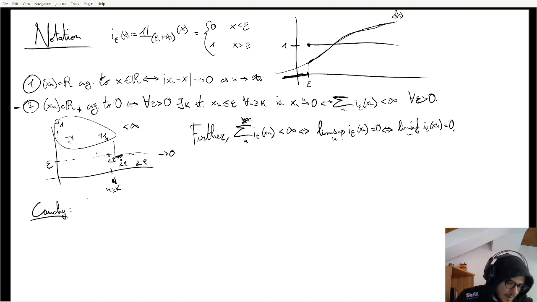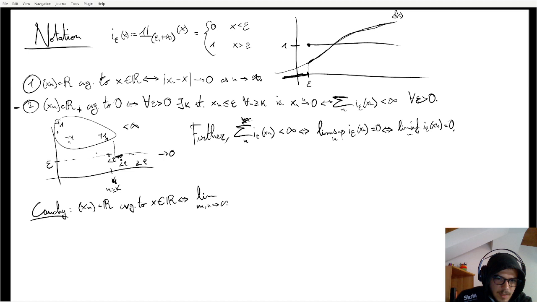More formally, we can put it in this way: a sequence of real numbers xn converges to x, which is again a real number, if and only if the limit as m and n go to infinity of this distance here is 0 for any m greater than n.